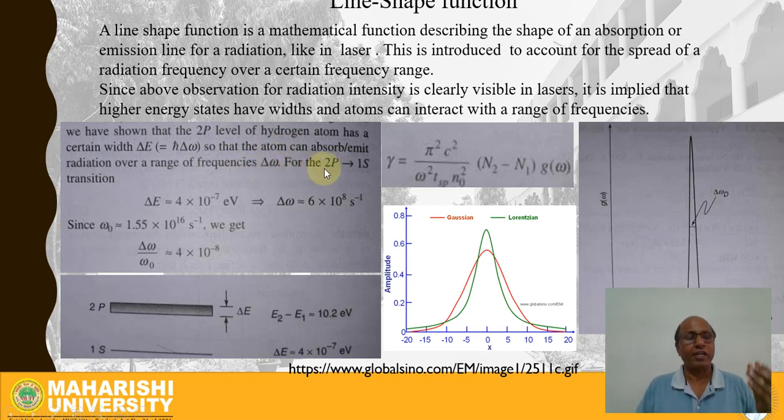So for a transition from 2p to 1s, we can clearly see there is a wide range of delta omega for this level, and this is already given here as 4 into 10 to the power minus 7 electron volt, which corresponds through this formula to delta omega equal to 6 into 10 to the power 8 per second, which is almost 600 megahertz.